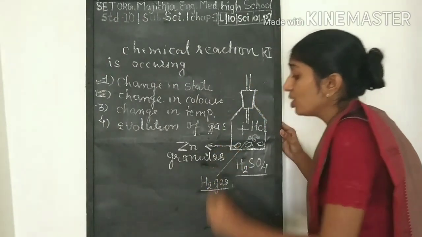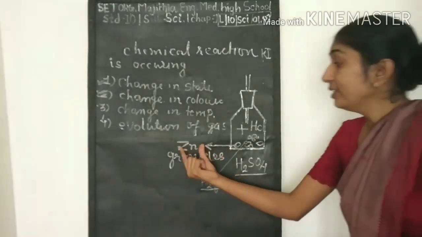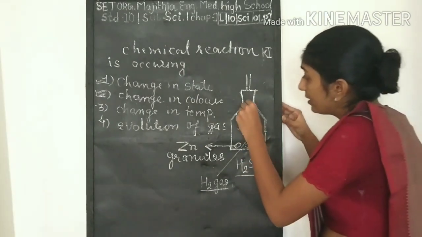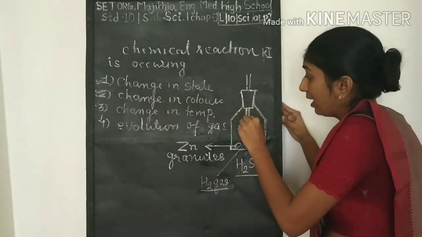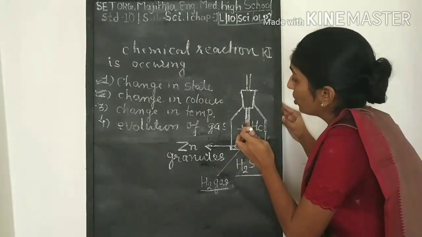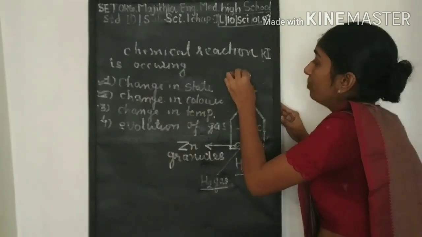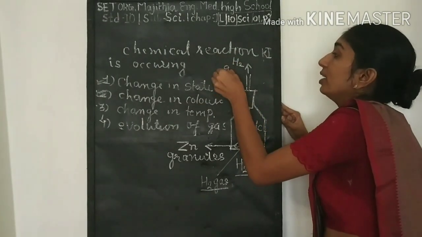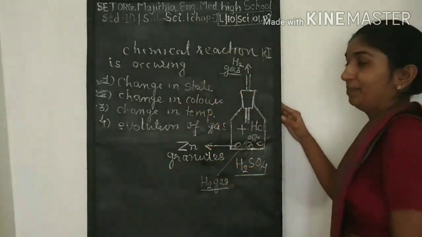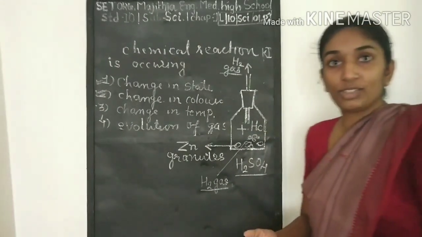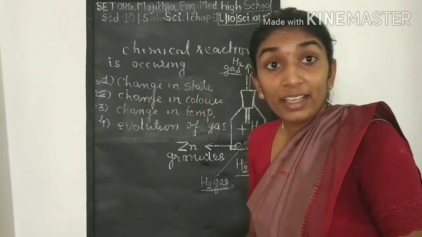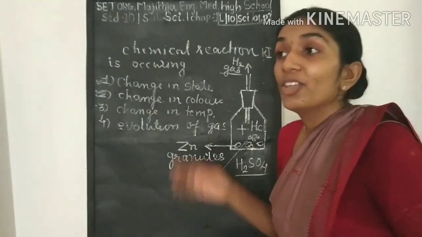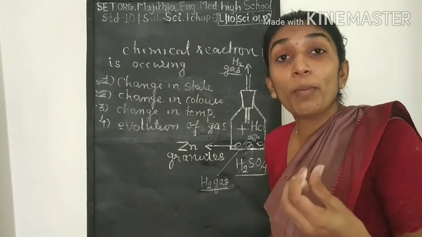Yes guys, hydrogen gas evolves when zinc reacts with hydrochloric acid. And this tiny glass tube will carry that hydrogen gas from here to the top. So you may collect hydrogen gas over here. There are certain tests by which you may check if the evolving gas is hydrogen or something else. Generally, hydrogen burns with a popping sound.